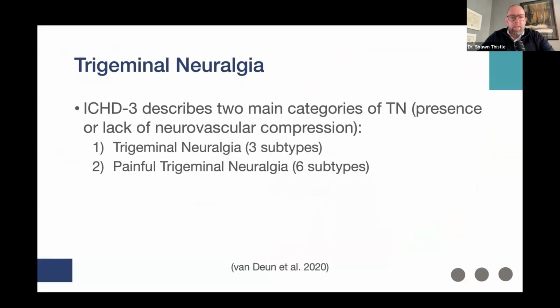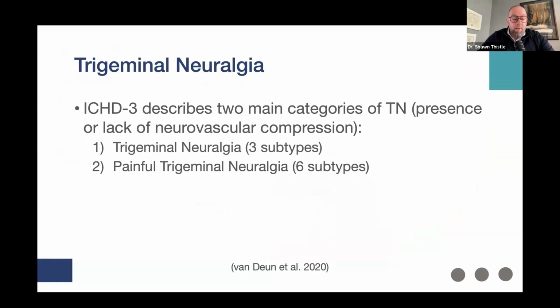Back to trigeminal neuralgia. The ICHD-3 describes two main categories of it, split by presence or lack of neurovascular compression. Ultimately, in your practice, unless you have advanced imaging already done, you're not really going to know what category they're in. But broadly speaking, there are two main categories of trigeminal neuralgia.